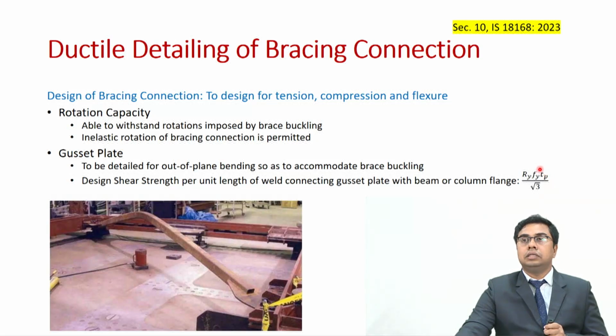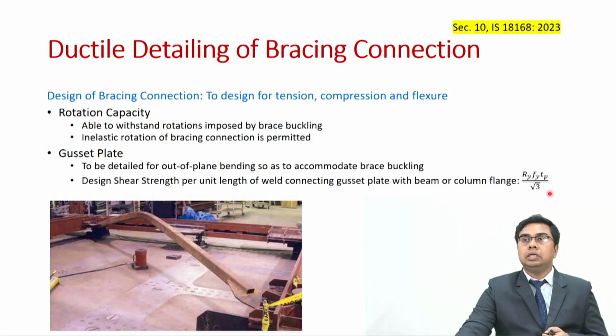Alright, this is quite easy to obtain. Fy by root 3 is your design shear strength multiplied with the thickness of the gusset plate and multiplied with the Ry value, that is uncertainty in yield strength of the material.